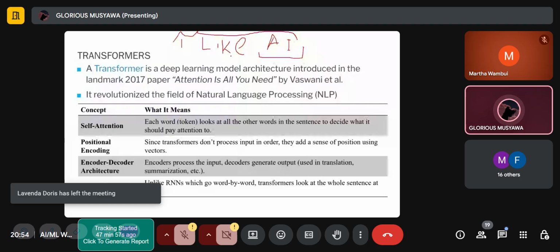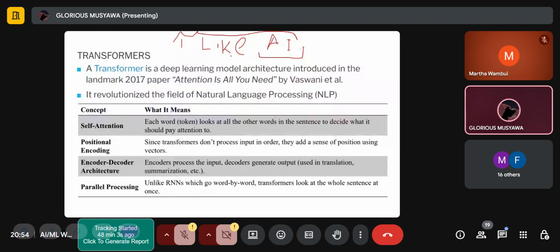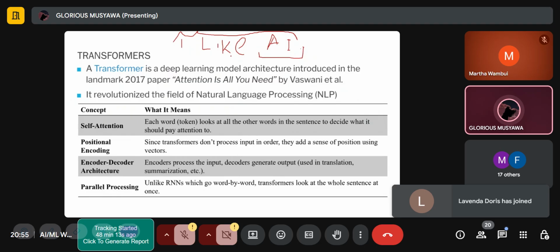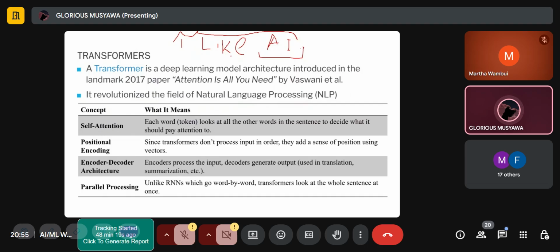And then we have another aspect, parallel processing. Unlike recurrent neural networks, which go word by word through sequential data, transformers look at the whole sentence at once. As I said, it scans and picks the most important words. Which words are catching your attention?